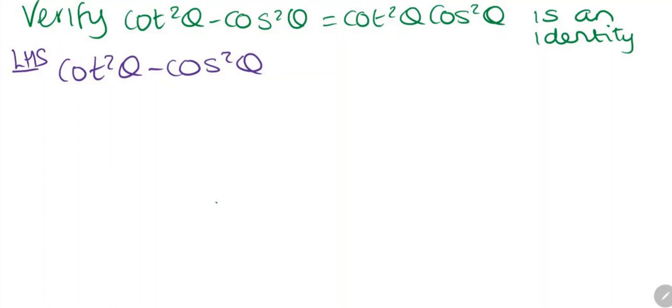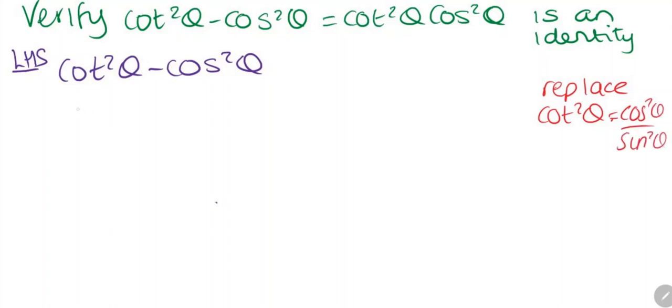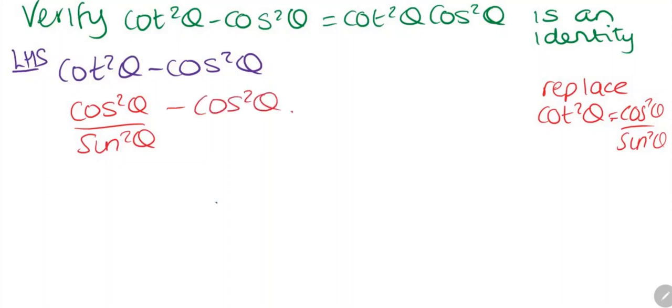I'm going to replace cotangent squared theta. This is equal to cosine squared theta over sine squared theta. So I'm going to rewrite that, cosine squared theta over sine squared theta. I'm going to leave my cosine as it is.